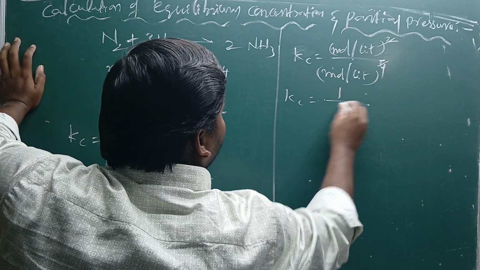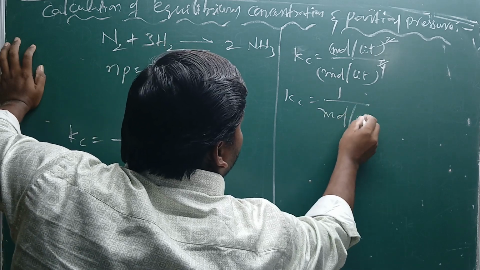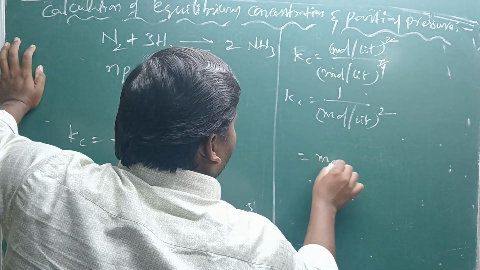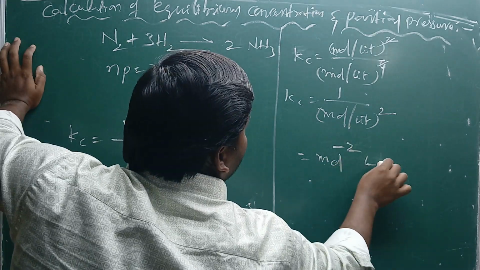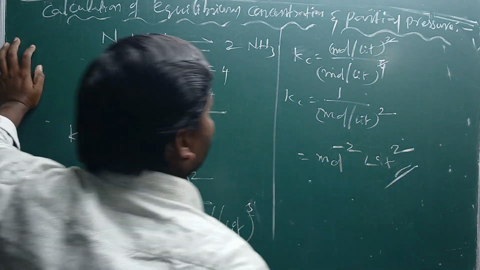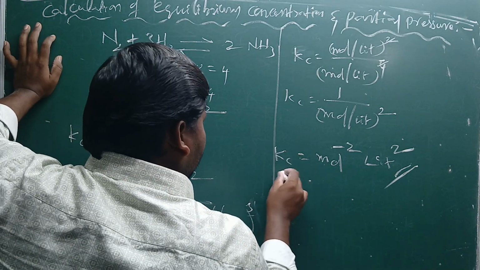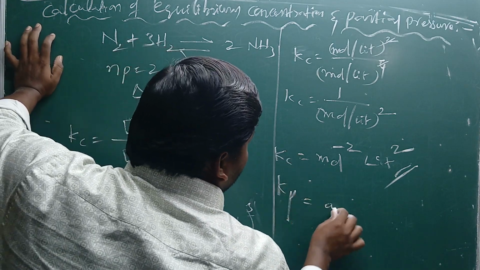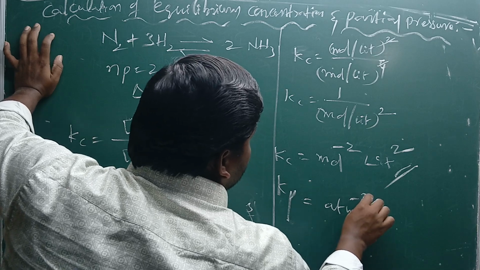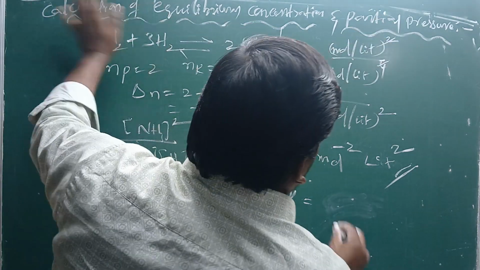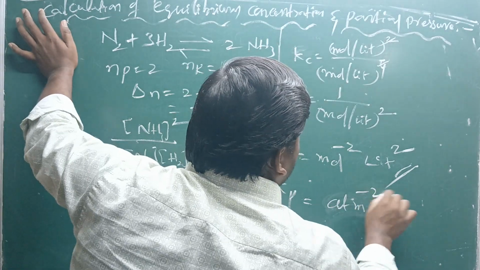Kc is equal to 1 by mole per liter power minus 2. That is, mole power minus 2 liter square are the units of Kc. Like that, Kp also has units of atm power minus 2, atm square by atm power 4.